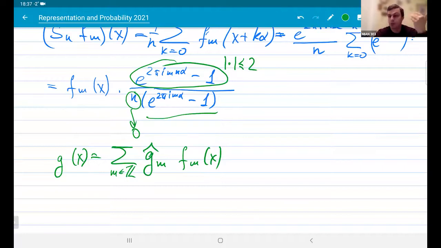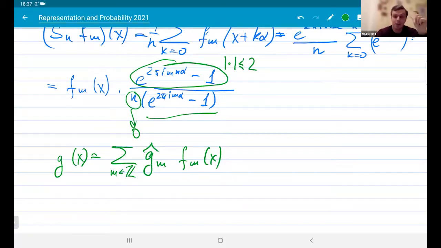So if you want to prove again the theorem above for the circular rotation, you need one more trick. You say that every function g which is continuous can be approximated by a trigonometric polynomial. This is the Stone-Weierstrass theorem, or maybe in this setting it's just the Weierstrass theorem. And so you take this approximation, and for the approximation you have uniform convergence.